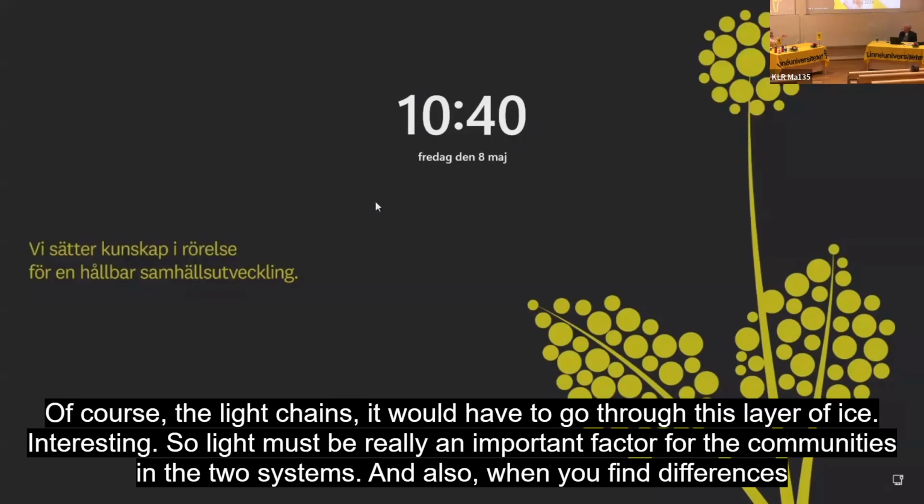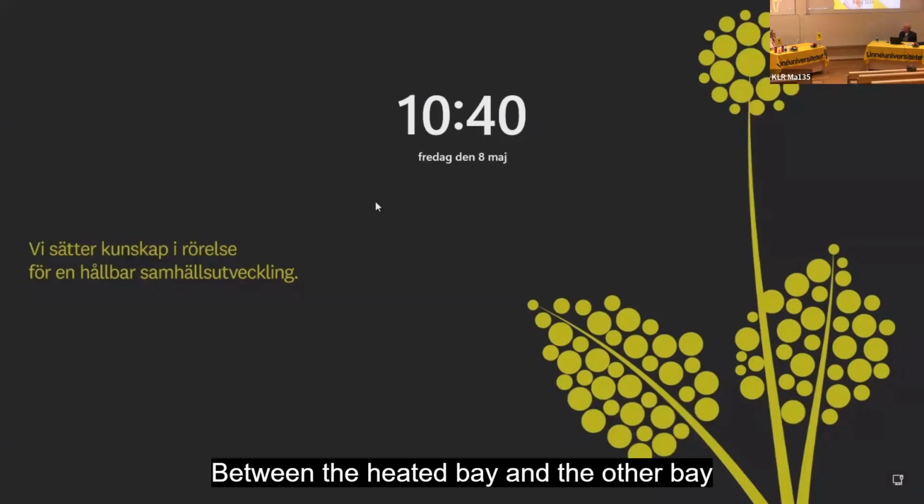It would have to go through this layer of ice. So light must be really an important factor for the communities in the two systems. And when you find differences between the heated bay and the other bay, light might also play a role, right? Yeah. Ah, okay, that's interesting.